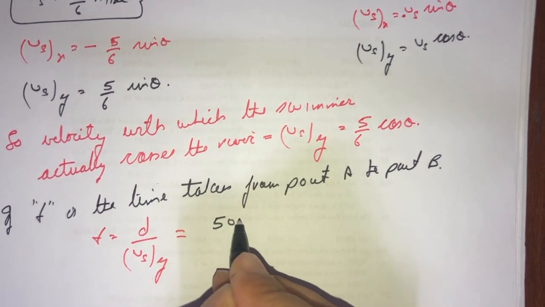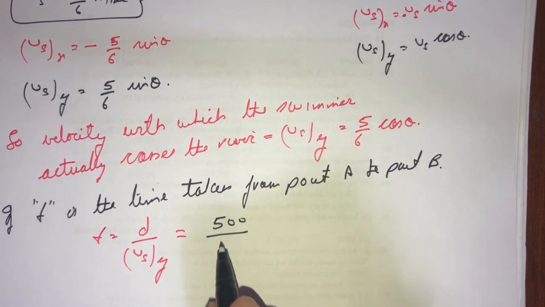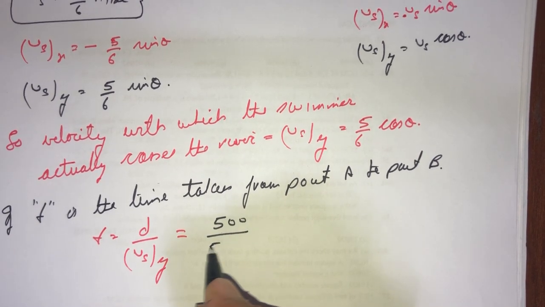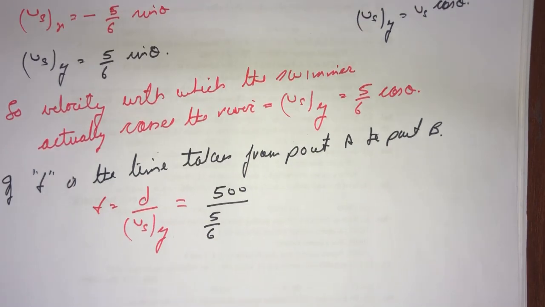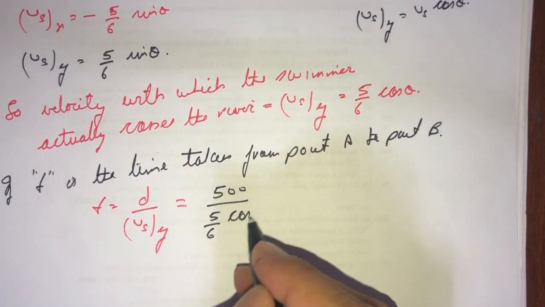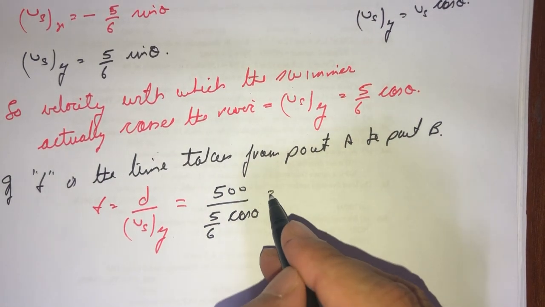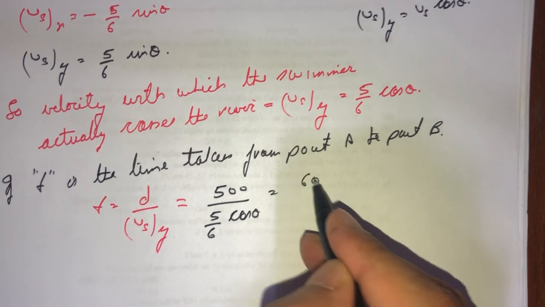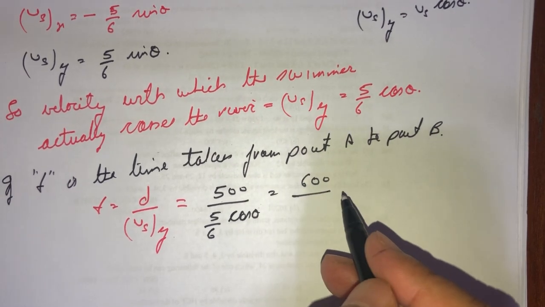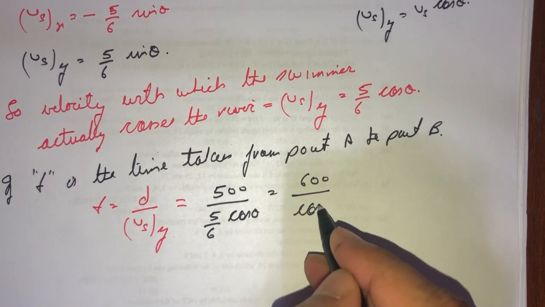So this is 500 meters divided by Vsy, which is 5/6 cos of theta. So we can write this will be equal to 600 divided by cos of theta.